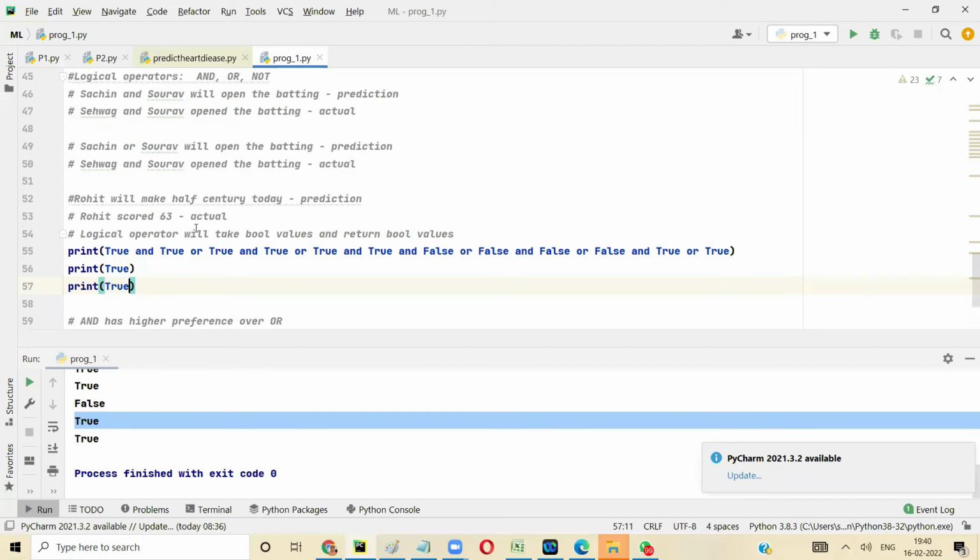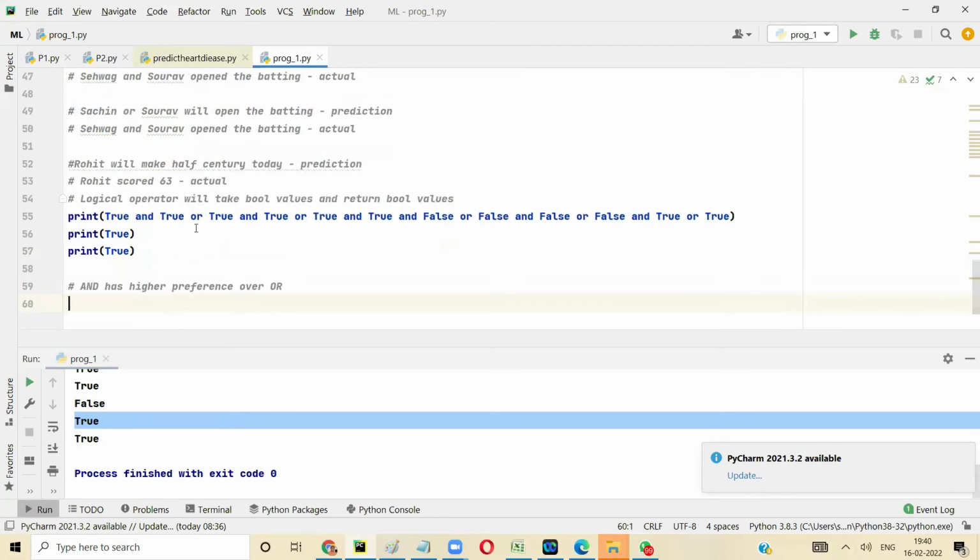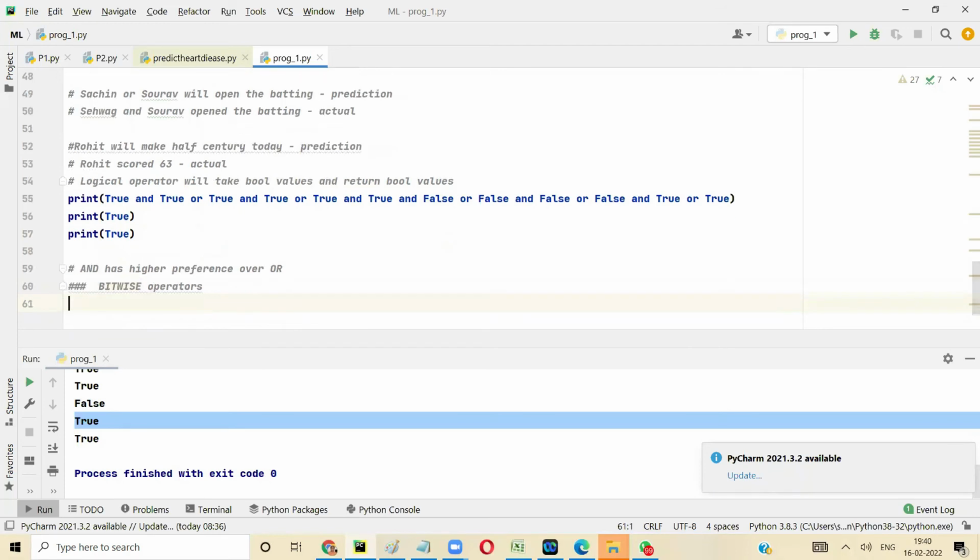Before you perform any bitwise operators, let me first write down what it says: before you perform bitwise operators, you have to convert the values into binary.